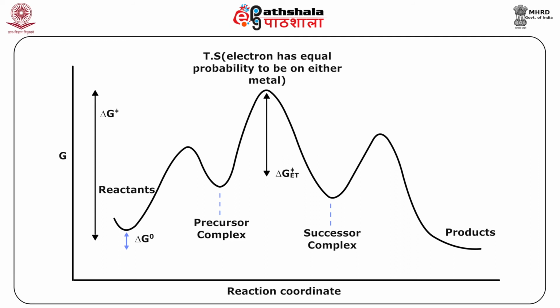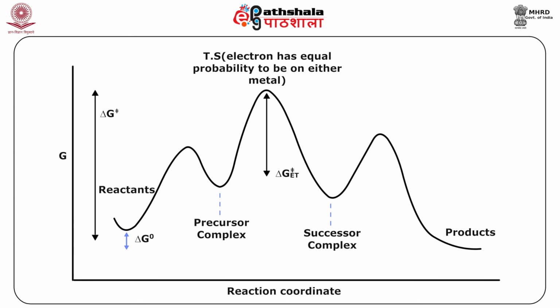Now they adjust their bond lengths like that. In the transition state, the electron has equal probability to be on either metal, which means it could be on one reactant and is at equal probability to go to the other reactant. So when such a scenario is created, the energy of this system is raised, and it is the most unstable stage of the associated complex.